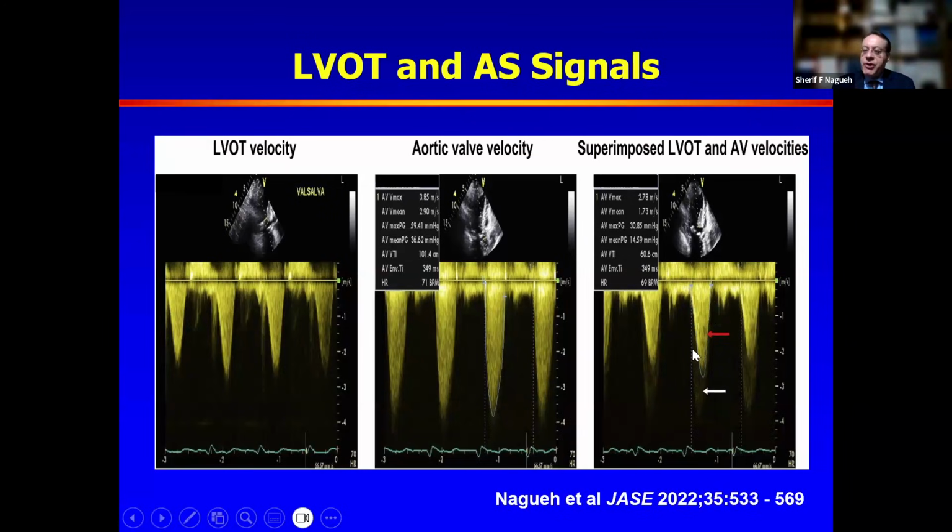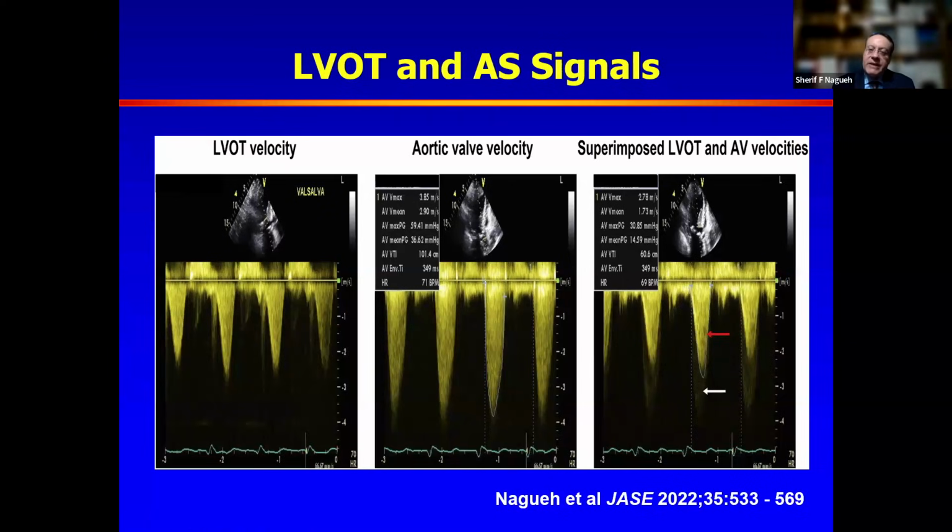The dynamic obstruction is pointed to by the red arrow, and the aortic stenosis signal by the white arrow, albeit more faint.